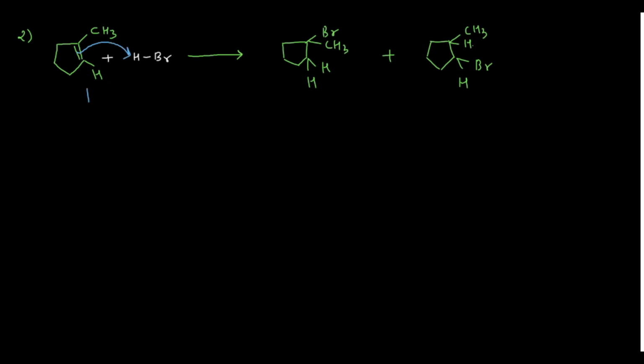Say this is pathway 1, and knocking out this Br as Br negative from here. And in the first case, your hydrogen is getting attached to this carbon which carries the methyl. Please remember. So what will happen in that case? This is my 5-membered ring.